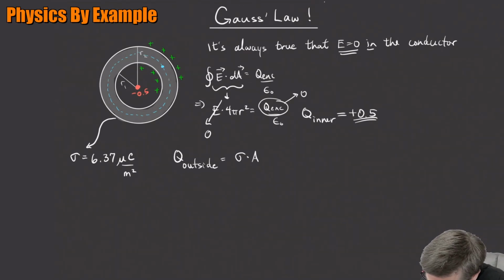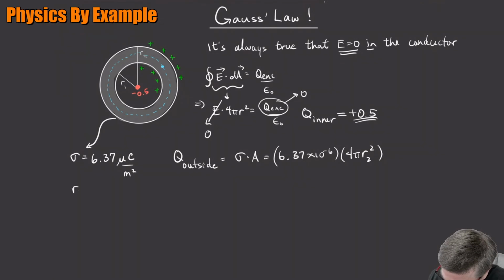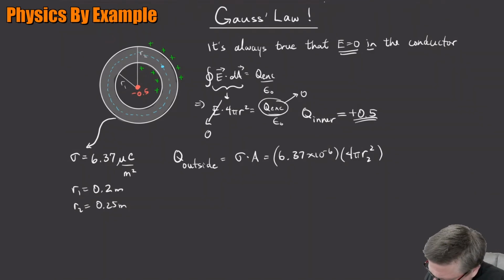So that's just going to be my 6.37 times 10 to the minus 6 times the area, 4 pi R2 squared. Let me say R1 is 0.2, R2 is 0.25 meters. If I plug those numbers in, this is the reason that turns out to be convenient, what I get is the original charge on the outside was plus 5 microcoulombs.